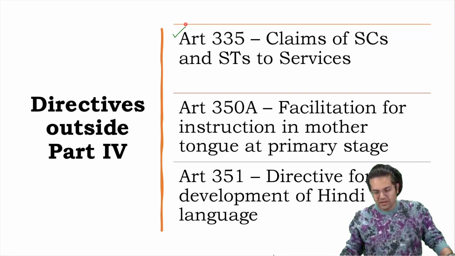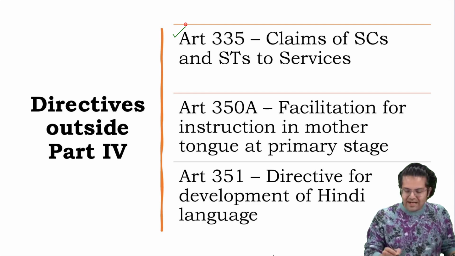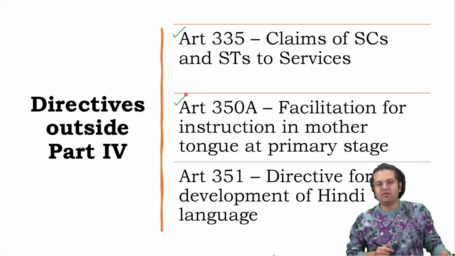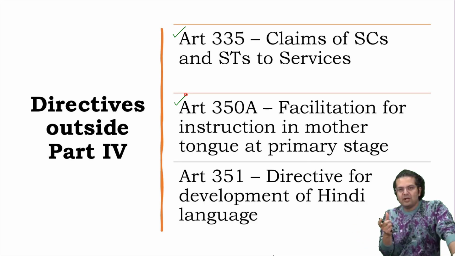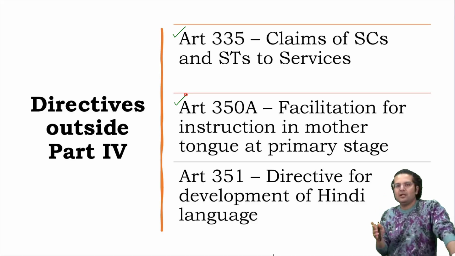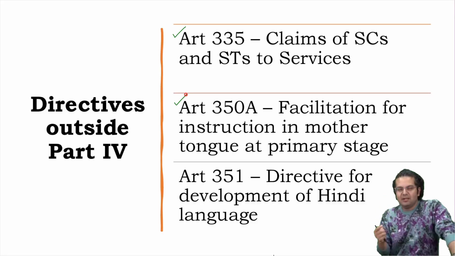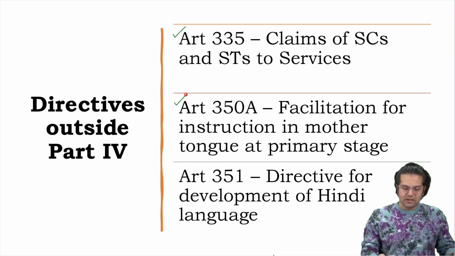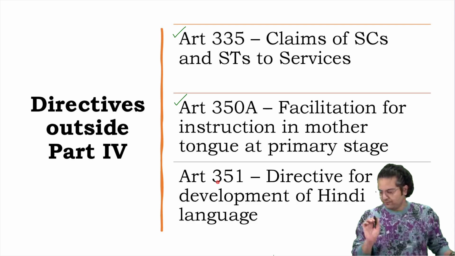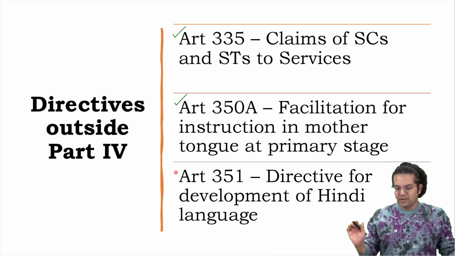That's there. Then 350A. I had explained this also earlier under center-state relations. If in a state there are people of a linguistic minority community, they need to be taught in their mother tongue up till the primary stage of education. That is Article 350A. And 351, we'll look at this today shortly. Okay, done. DPSPs are over.